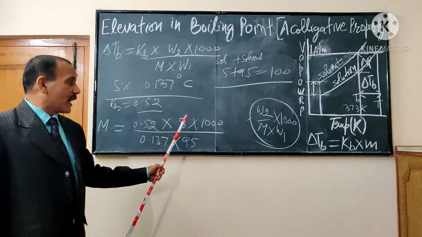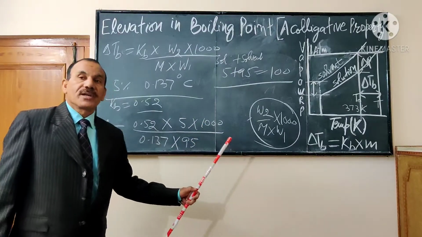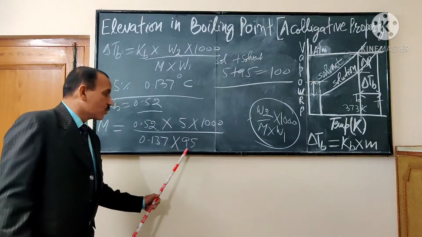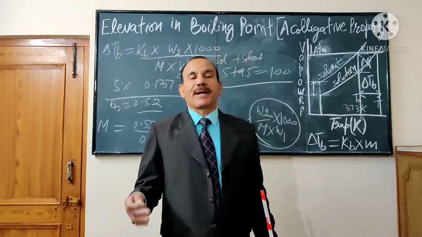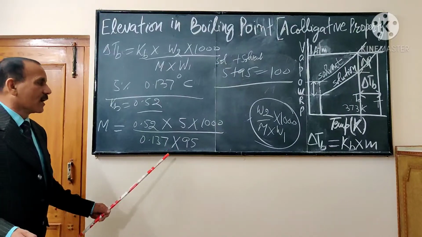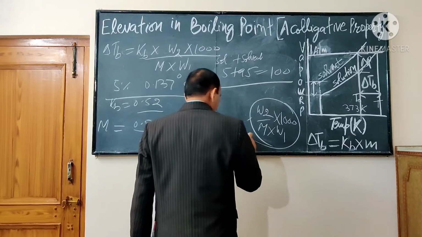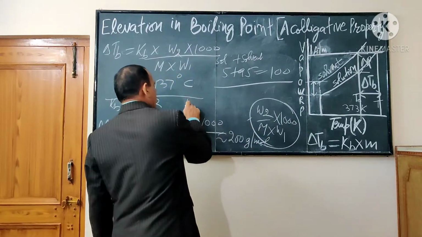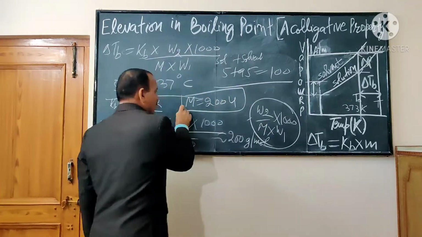What we are doing is adding 5 gram of a compound whose M is desired to 95 gram water, and we determine the boiling point of the solution. Practically the increase in boiling point is found to be 0.137, and here the molecular mass comes out to be roughly 200 gram per mole, or the molecular mass M is equal to 200 u or gram per mole.